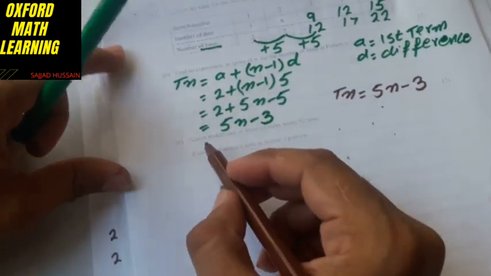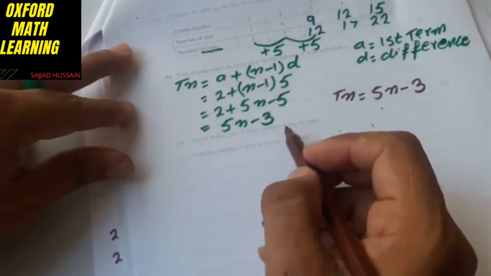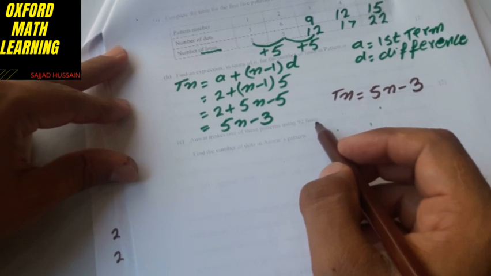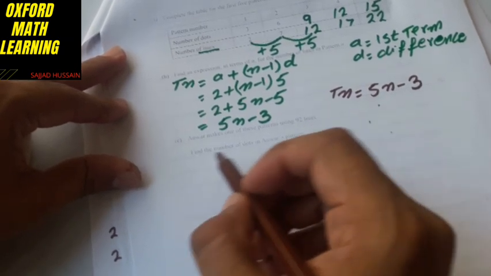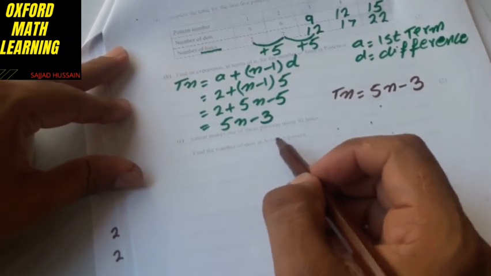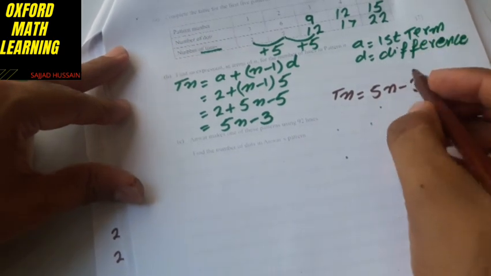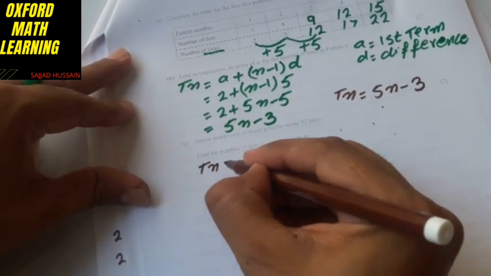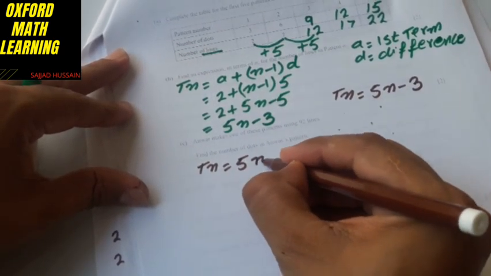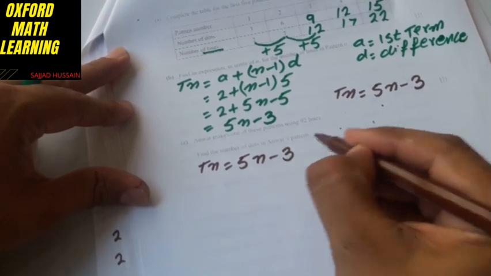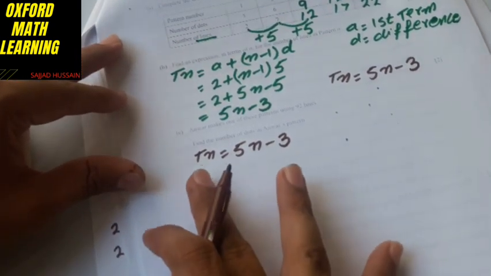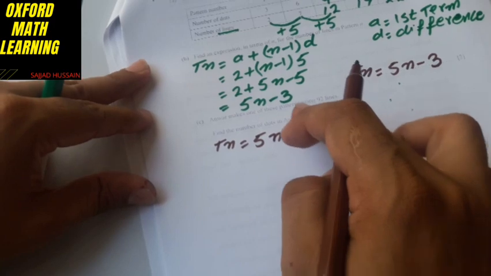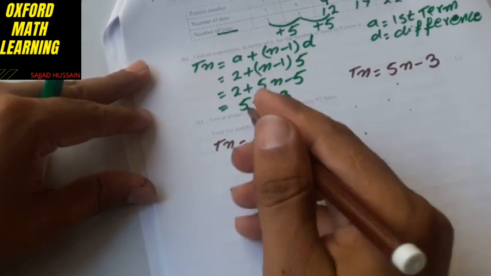Now Anwar makes one of these patterns using 92 lines. Find the number of dots in Anwar's pattern. The formula for lines is Tn equals 5n minus 3, and the total lines are 92.